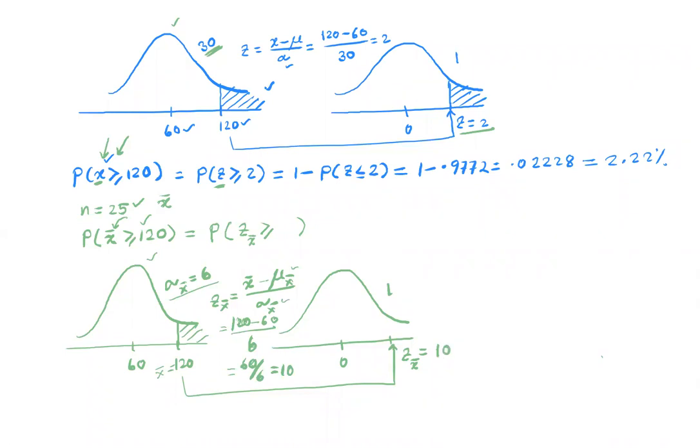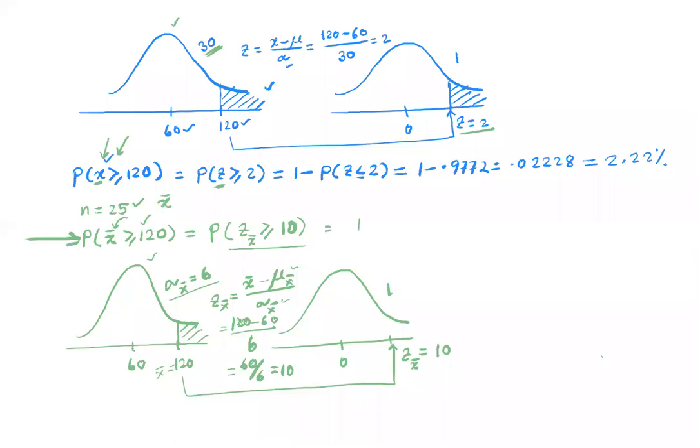That's a huge Z sub X bar. So look here, the probability that X bar is greater than or equal to 120 is the same as the probability of Z sub X bar being greater than or equal to 10 standard deviations out there. That's extremely unlikely.